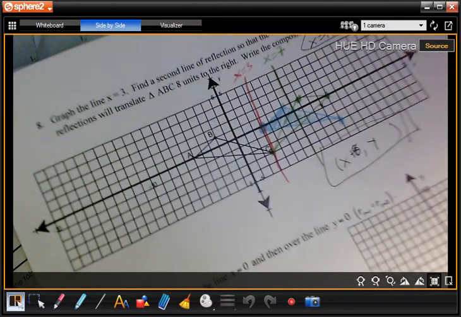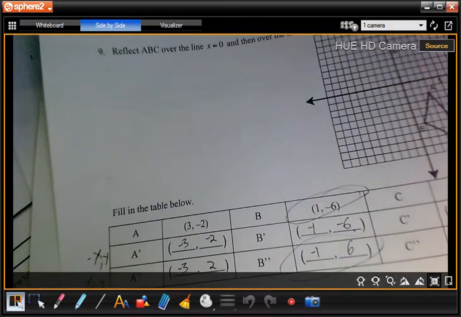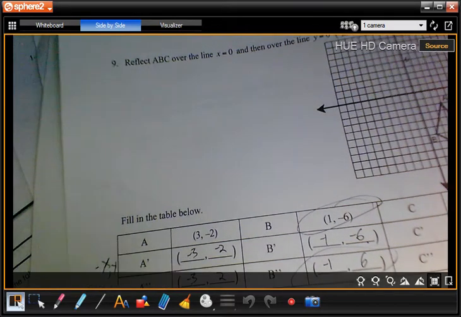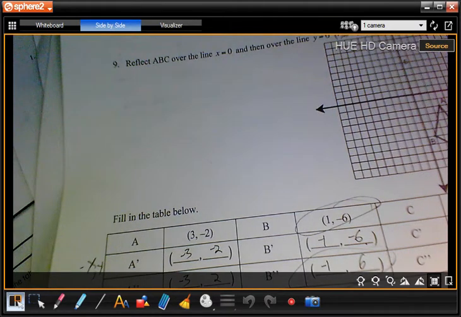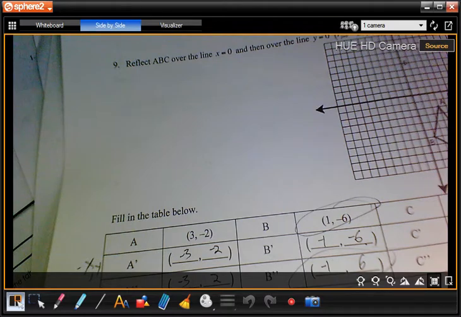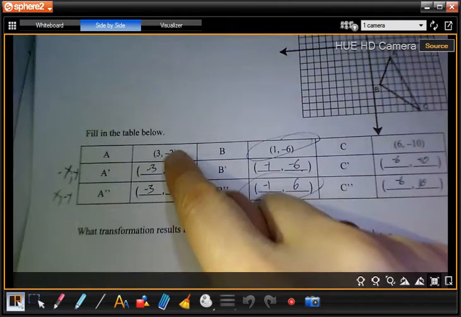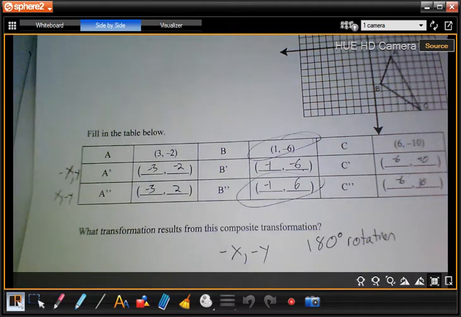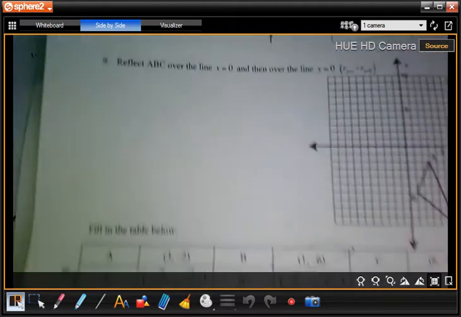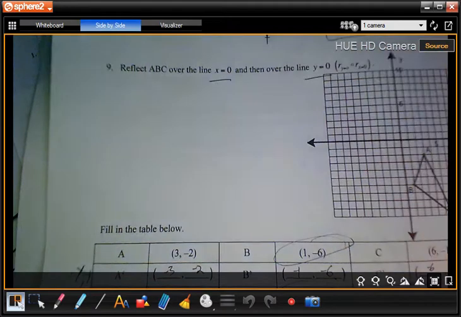Next page. Madison, what? Yes. I'm not sure why anybody else is talking. I used this point to get here, and then I used these points to get there. It tells me right here, I'm reflecting over x equals 0, and then y equals 0.